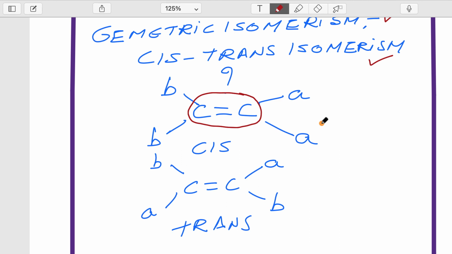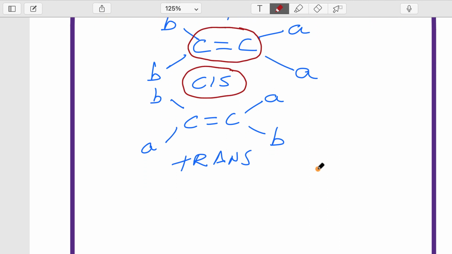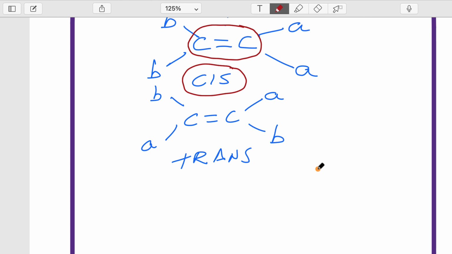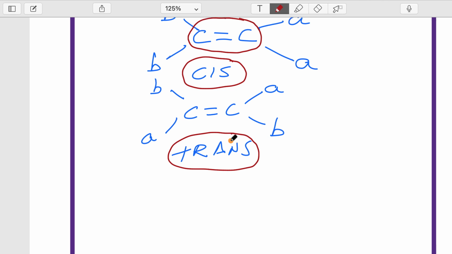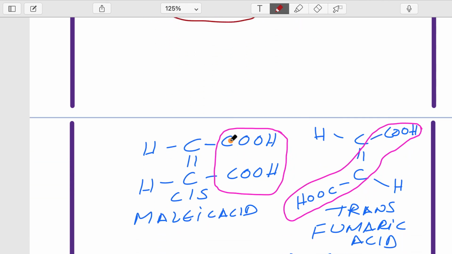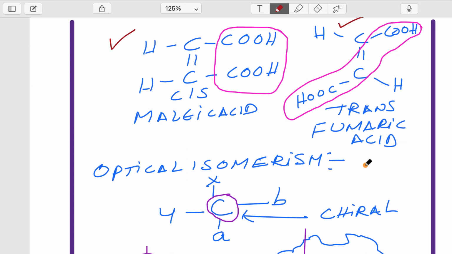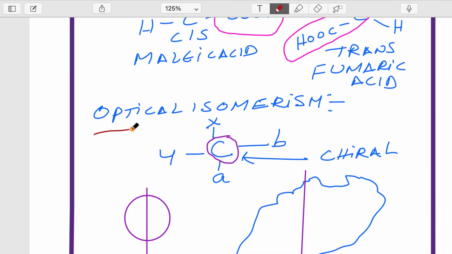The orientation: one we called cis, the other trans. When the same groups are on opposite sides, we call it trans. We explained further with the example of maleic acid and fumaric acid. In maleic acid, both the carboxyl groups and hydrogens are on one side, whereas in fumaric acid they are on opposite sides. Then we took up optical isomerism.